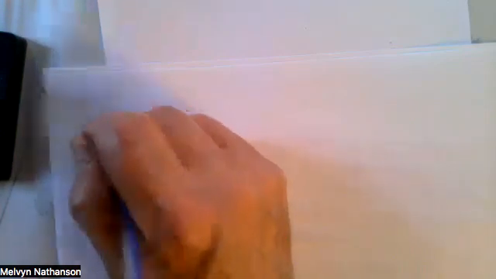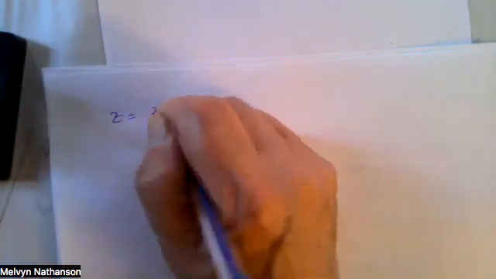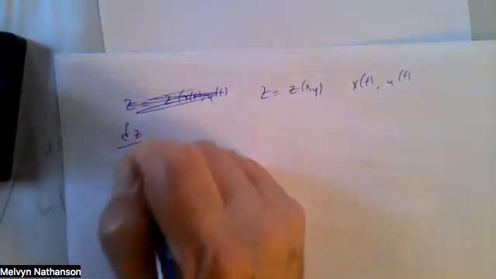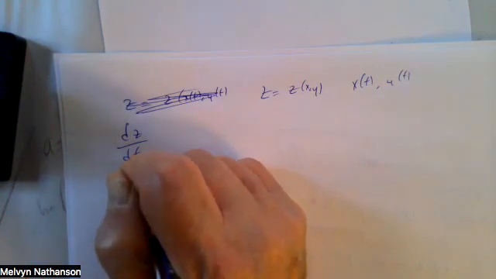If you have z is some function of x of t and y of t, or if z is some function of xy, and x is a function of t and y is a function of t. So the composite function is a function of t. So it's a function of one variable, dz dt.